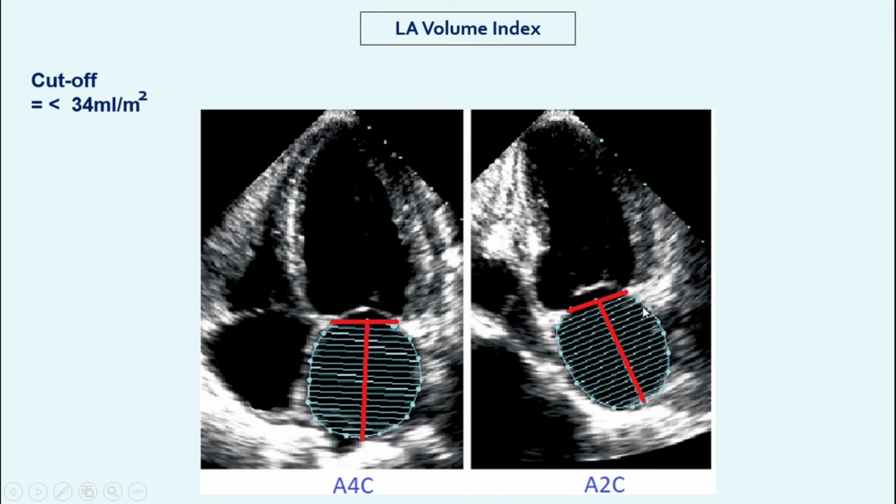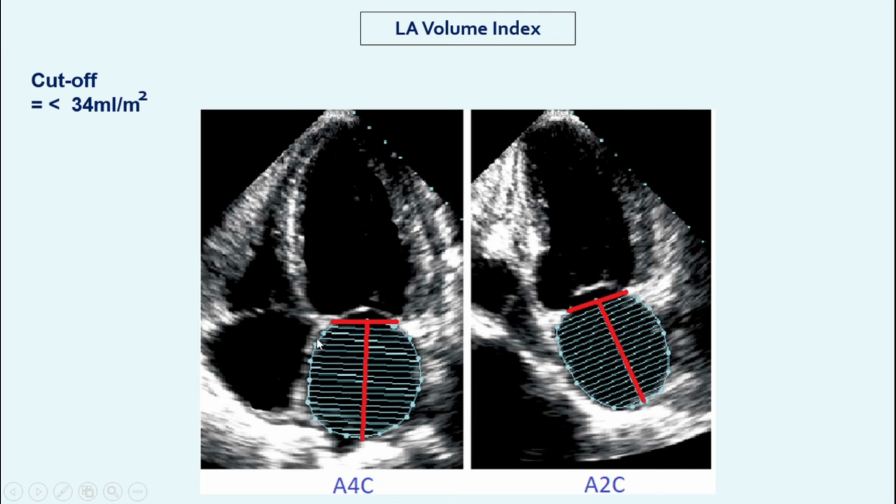At the end, when we trace the left atrium, the machine gives us an option about the long axis of the left atrium, this line, and you can move it around to the left or right. You have to try to put this left atrial long axis perpendicular to the mitral annulus plate.